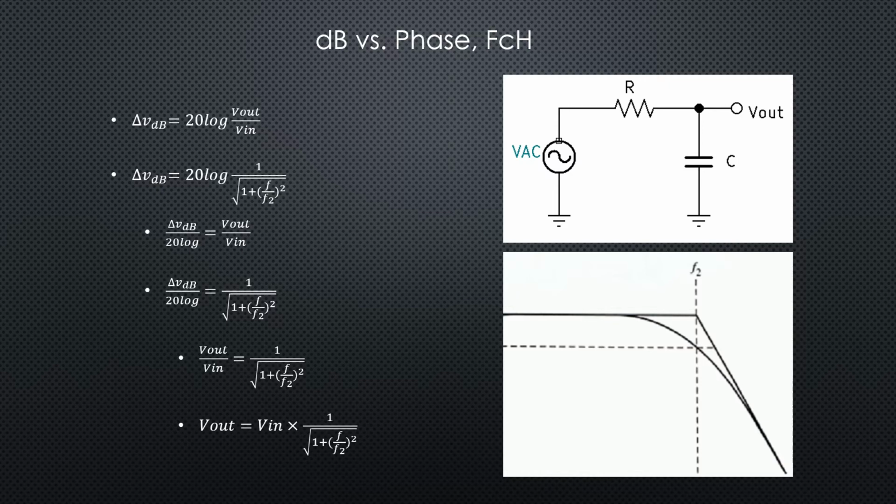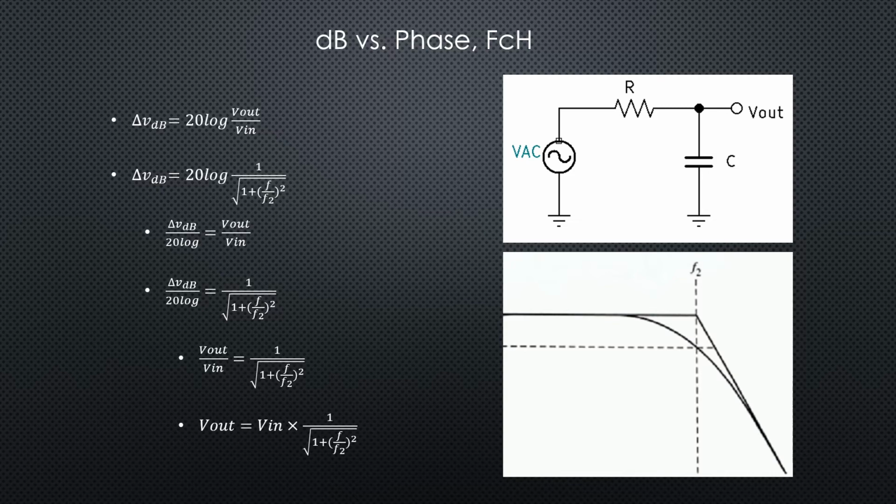If delta VdB over 20 log is equal to V out over Vin, then V out over Vin is also equal to 1 divided by the square root of 1 plus F divided by F2 squared. That's just what I call the super substitution method. If this is equal to this and this is equal to this, then this and this have to be equal also.